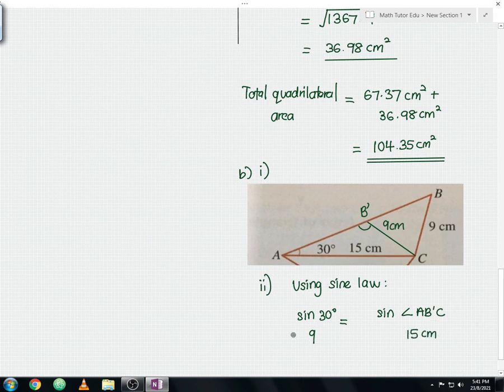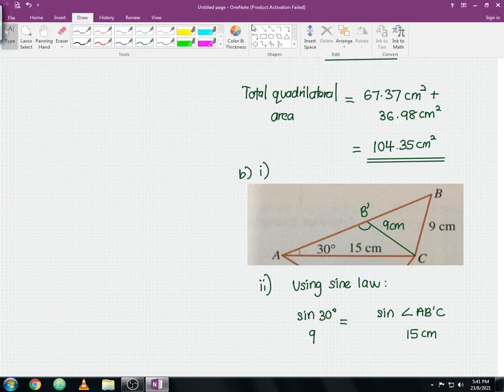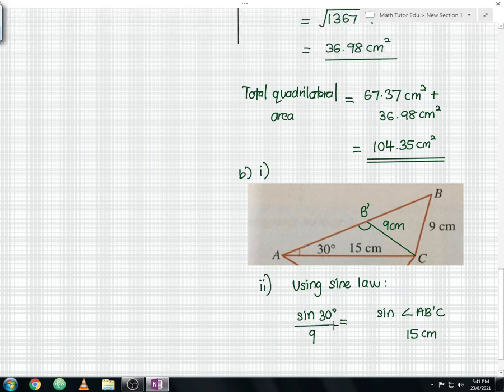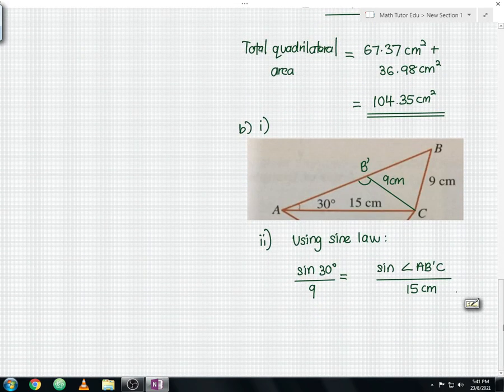Let me underline the respective fractions for the two sides. For the next step, in order to find sine angle AB'C, 15 centimeters will be multiplied by sine 30 degrees and you divide by 9.